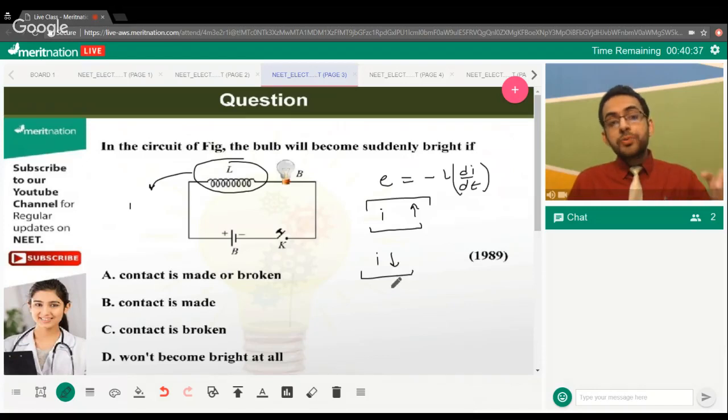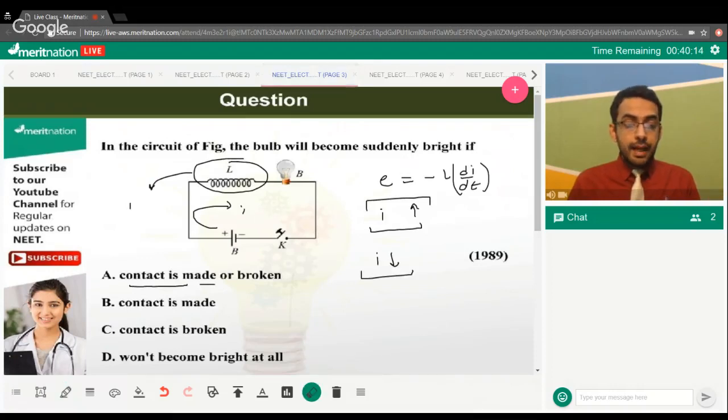So if you observe the options, when we make the contact, in that situation, what happens actually? The current in this direction is increasing. So as the current is increasing, an EMF will be induced such that it will oppose.